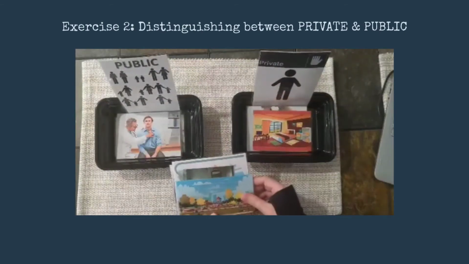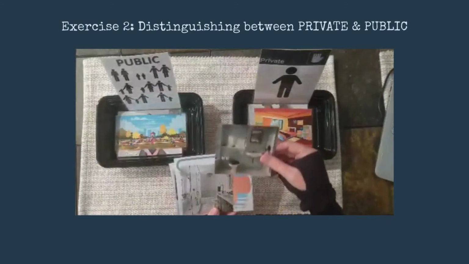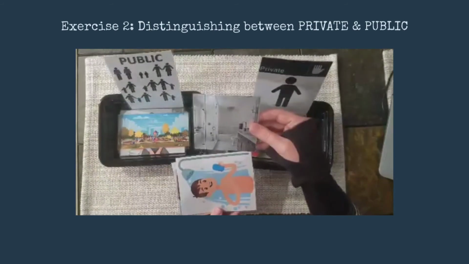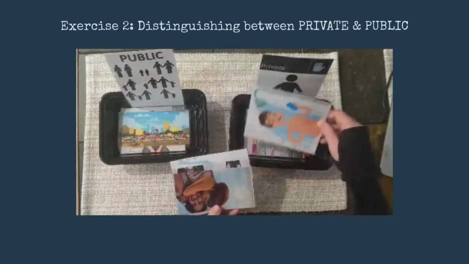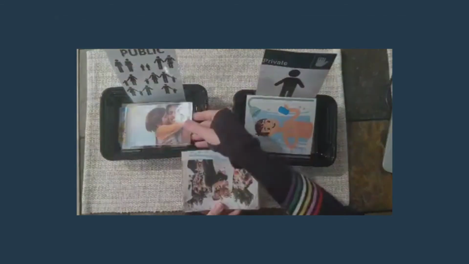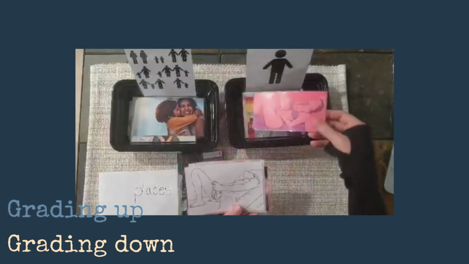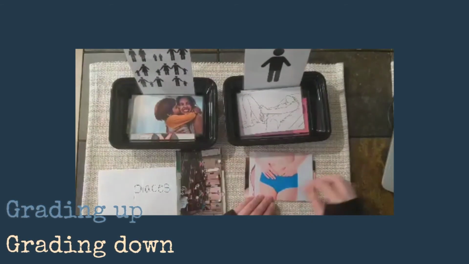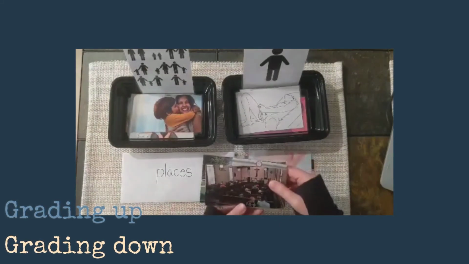The client is presented with an image of interactions between people and places, and will use processing skills to determine if the image belongs in the public tray or the private tray. Grading up this activity would include adding images of masturbation. Grading down, the client would only be asked to identify private or public places.